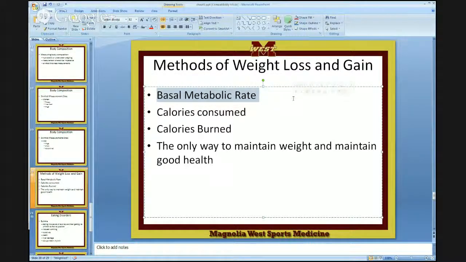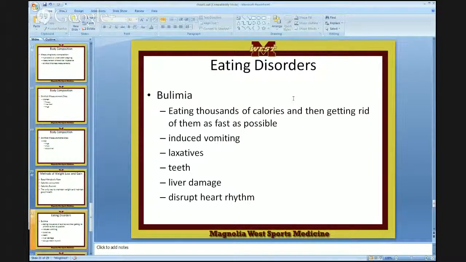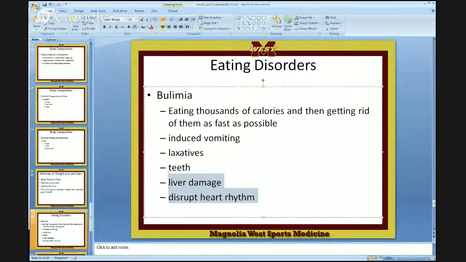All right, 21. Number 21, bulimia. All the following are side effects of a person who is suffering from bulimia, except. So here are your side effects. All right. So remember, you're going to get bad teeth because what's in your stomach? Well, plenty of acid. It's also going to disrupt your heart rhythm and it'll give you liver damage.